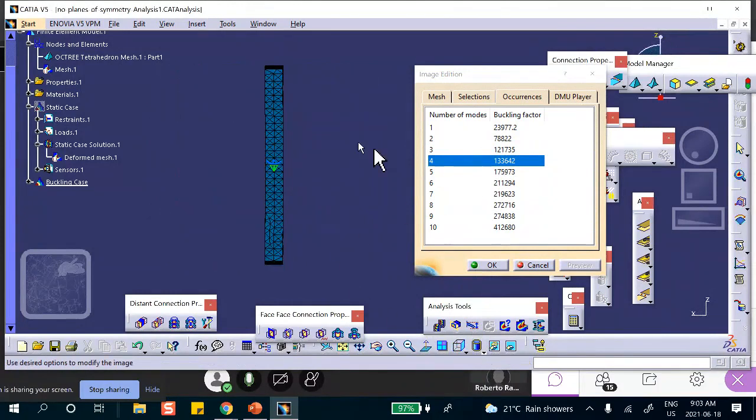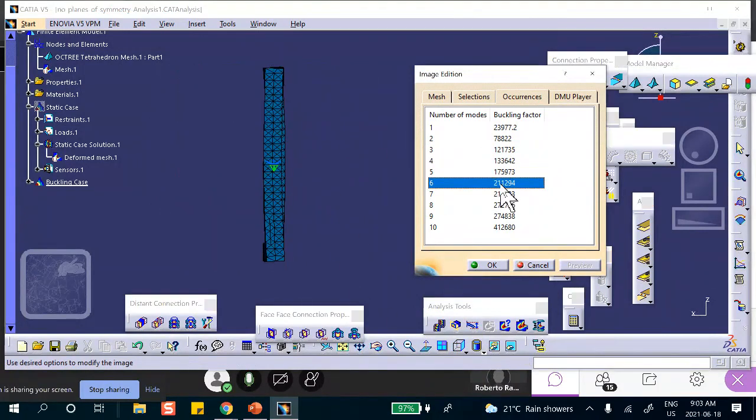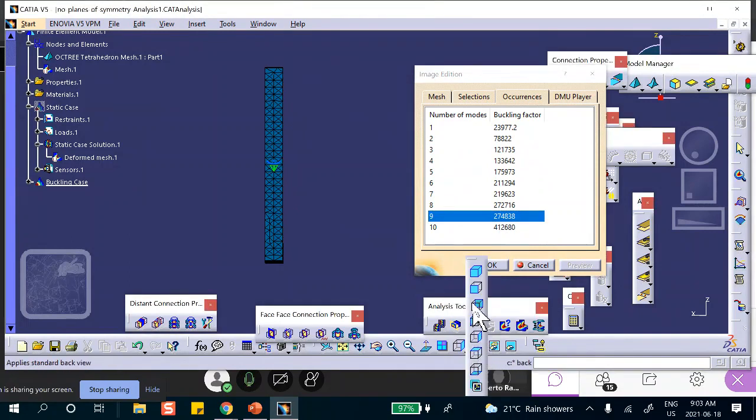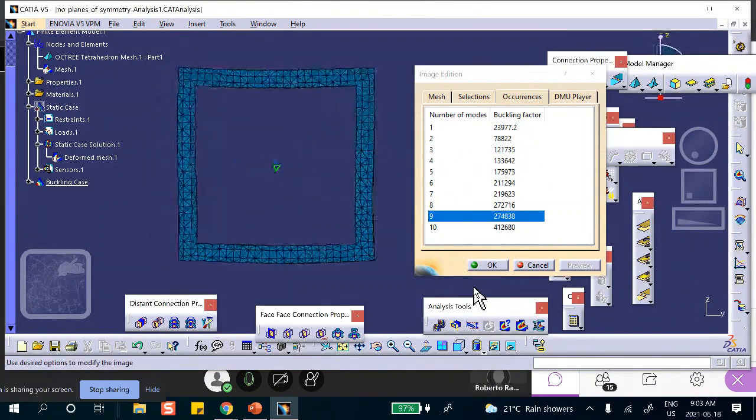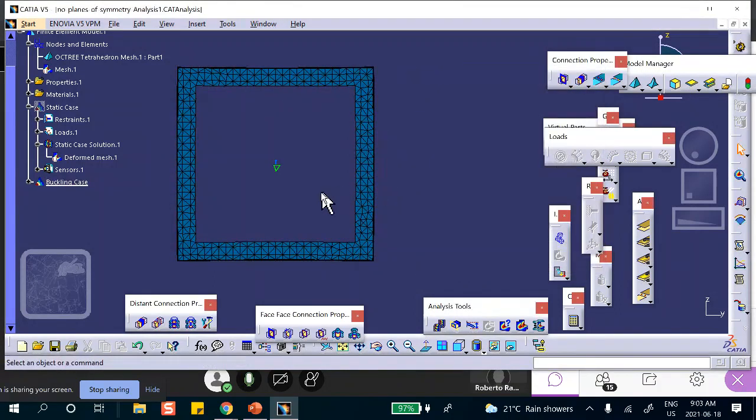Yeah, this is also a little bit bent out, so let's see this. What is the front view of this? No, this is, you see this? There's more to it than what I wanted. Okay, so anyway, this was with no planes of symmetry.